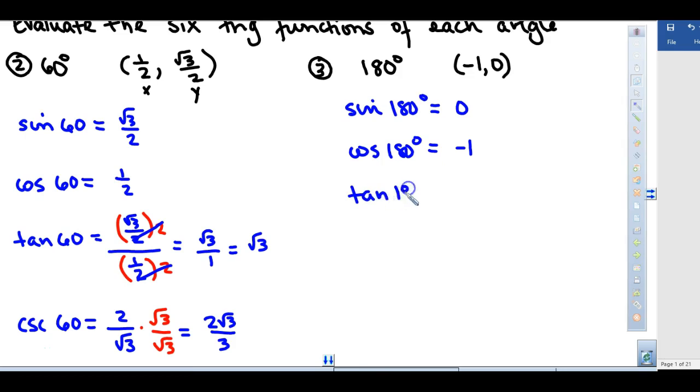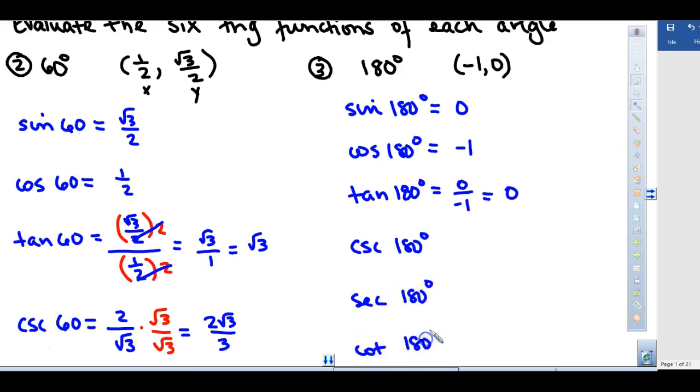Tangent will be what you get when you divide sine divided by cosine, or y divided by x. And that simplifies to be 0. And then cosecant, secant, and cotangent is what you get when you flip those.